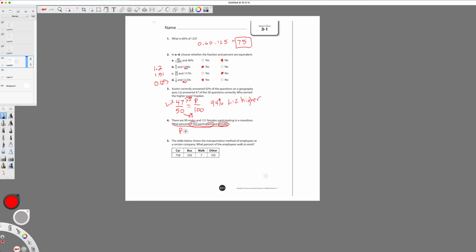Percent times the total of 99 and 121, which is 220, equals the female 121. If you divide by 220, again, you could have used a proportion, 121 divided by 220, I get 0.55, which is 55% are female.